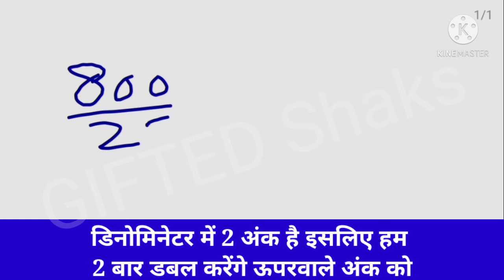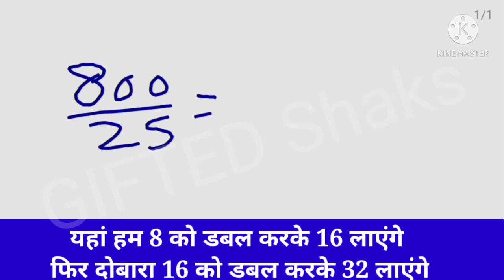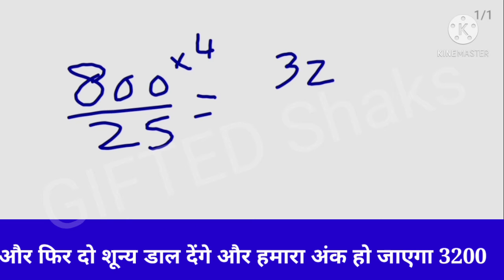Now in this case, I will multiply this by 4, which means I will double it twice. Double of 8 is 16, double of 16 is 32, and then these two zeros. So this is simpler.